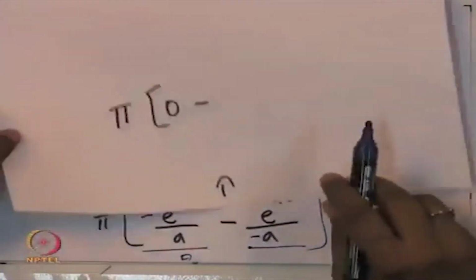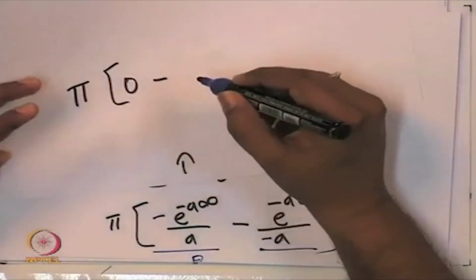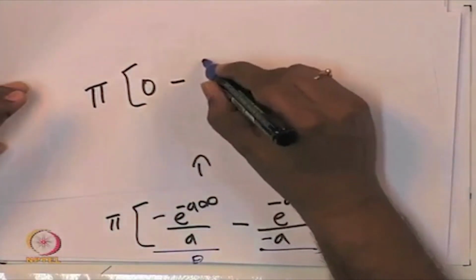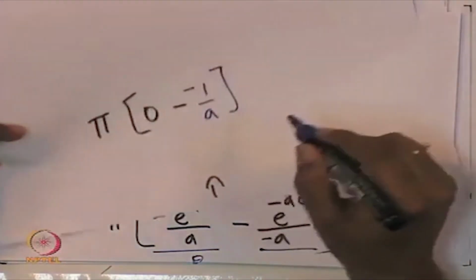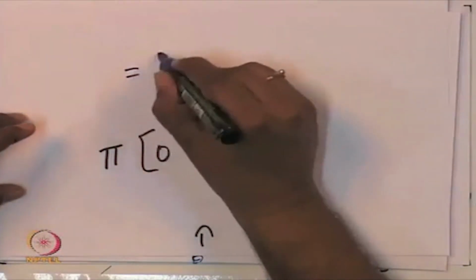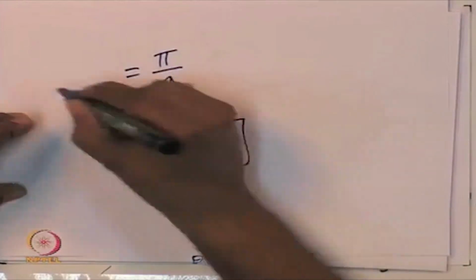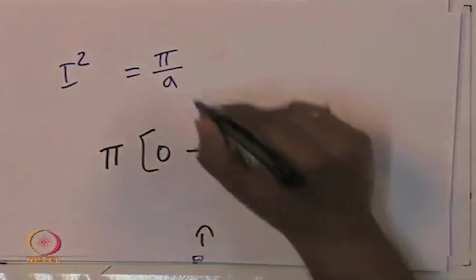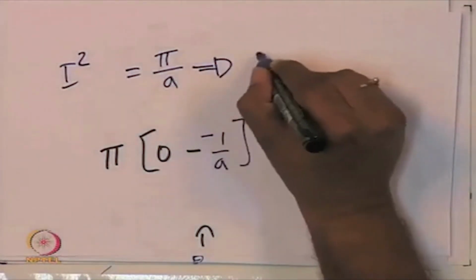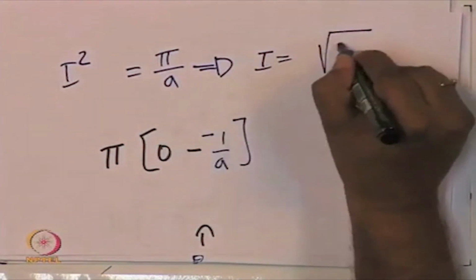So, 0 minus 1 by a. So, the answer is basically pi by a. So, I square, the square of the integral, is pi by a. This implies that I is basically root of pi by a.